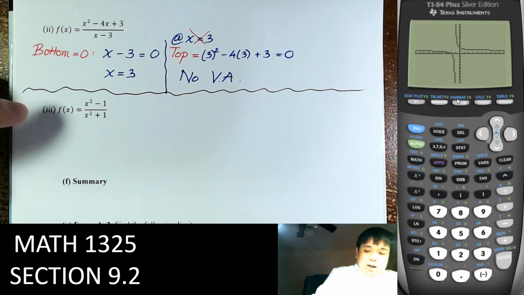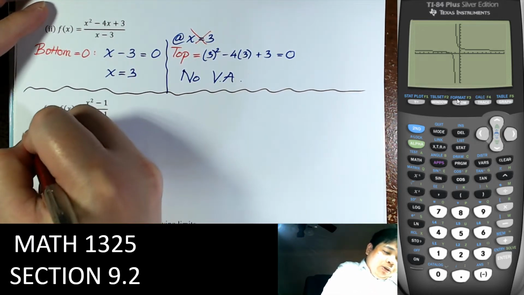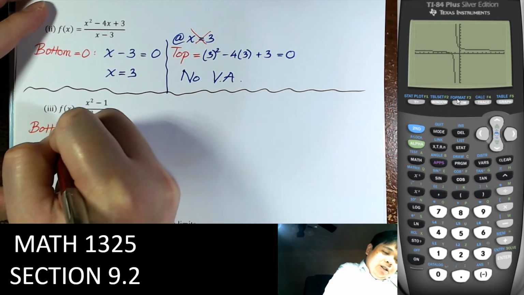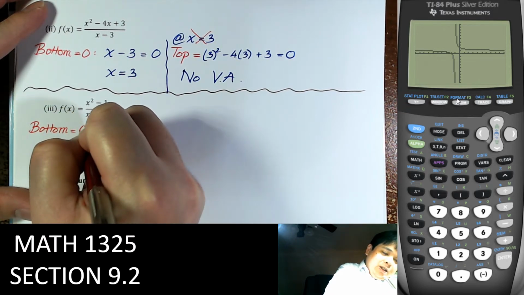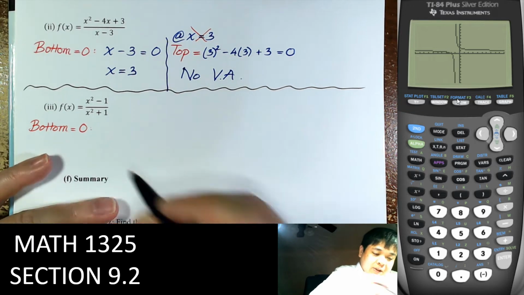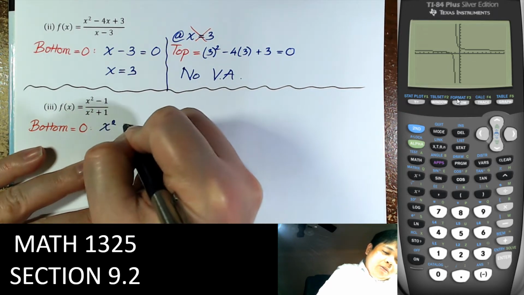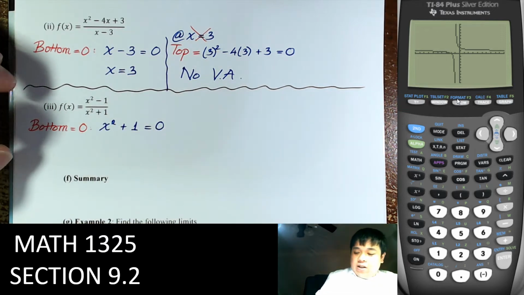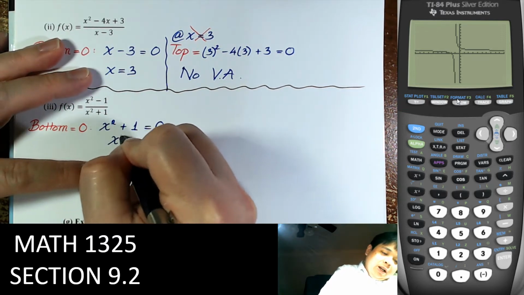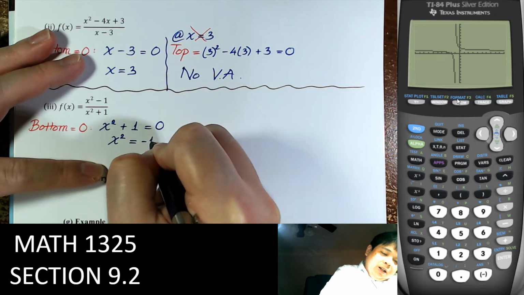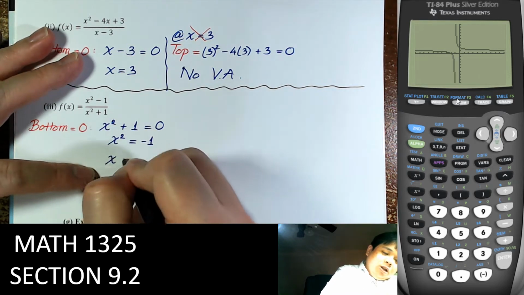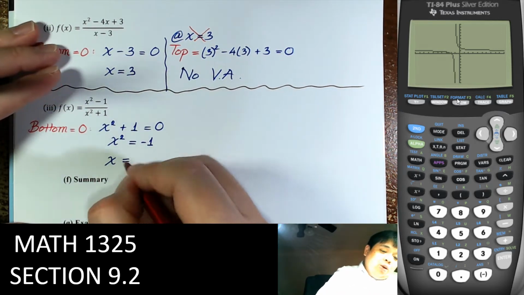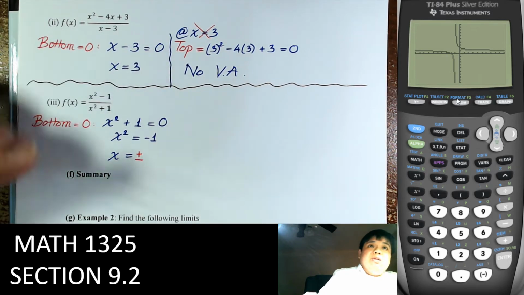Right. This one, I put the bottom equal to 0. We have x squared plus 1 equal to 0. Subtract 1 on both sides. We have x squared equal to -1. And take the square root on both sides. And don't forget, when we do that, we have plus or minus.